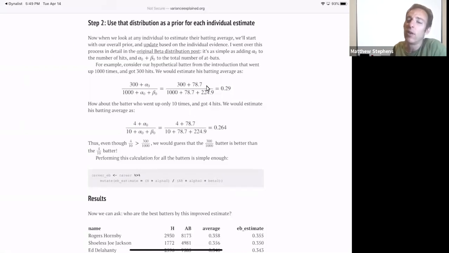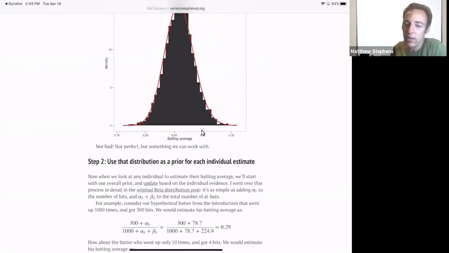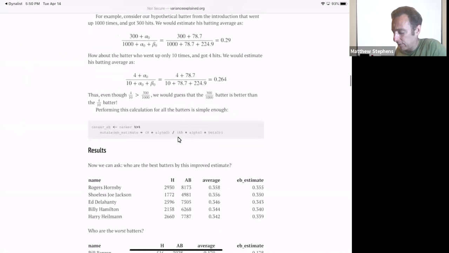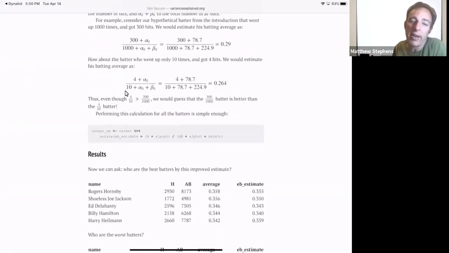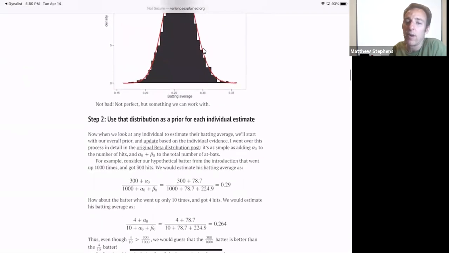In other words, we estimate that this guy is a better batter than this one, essentially because of the 30% from 1,000 at bats, which is pretty high compared with what a typical batter would get. Just because this individual happened to get 4 hits from 10 at bats, that's not enough to convince us that in the long run that batter would lie in this tail here.